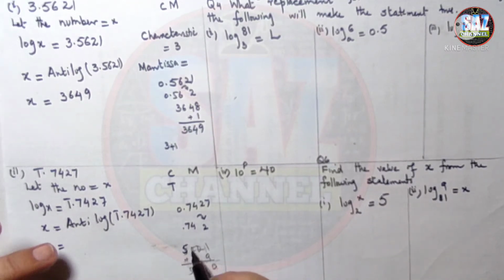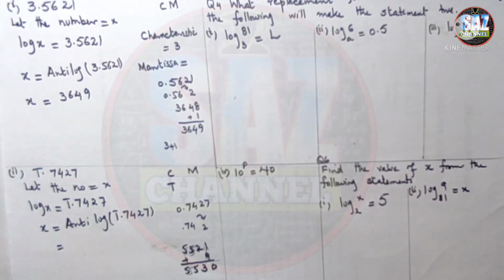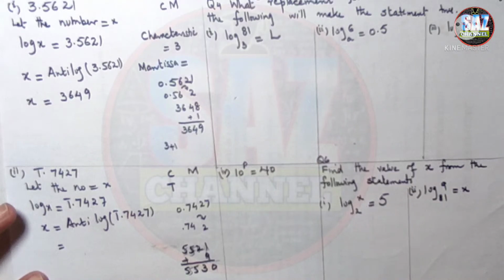Let me verify this calculation: 5521 plus 9 gives me 5530. Now, to decide after how many digits to put the decimal, what is the role of the characteristic?